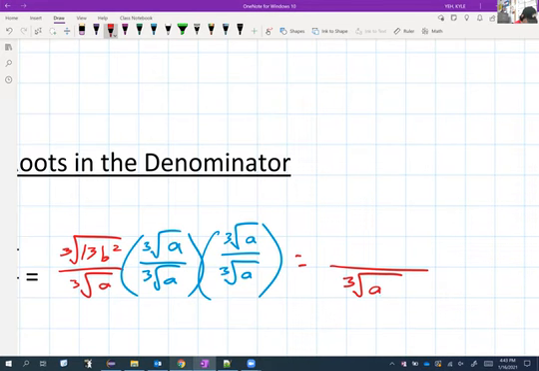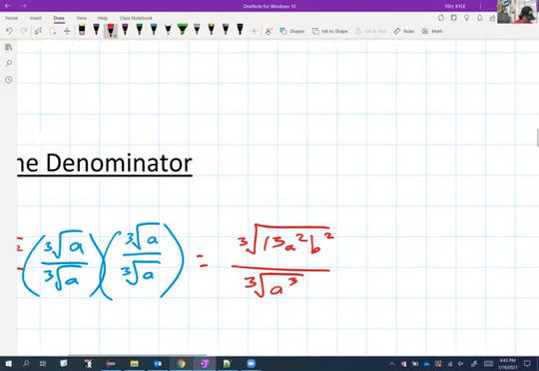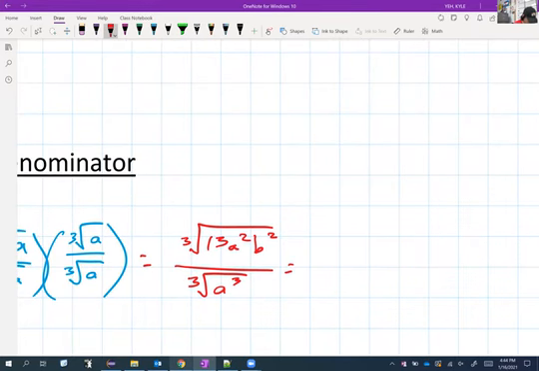Cube root of a cubed, and on top we have cube root of 13a squared b squared. And then one more simplification, cube root of a cubed on bottom. Now I have my group of 3. I can just write that as a. Cube root of 13a squared b squared.